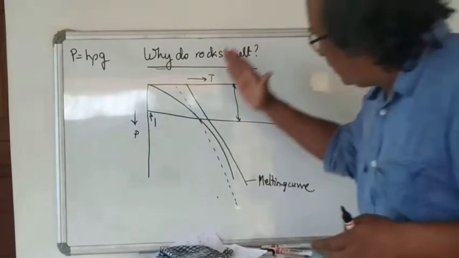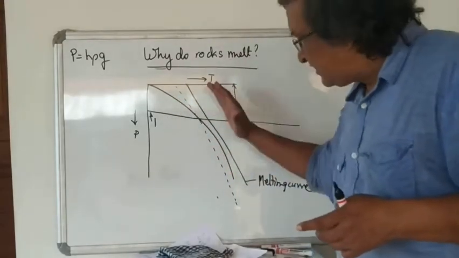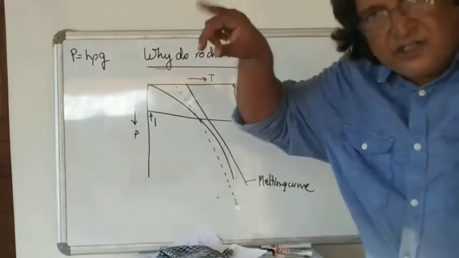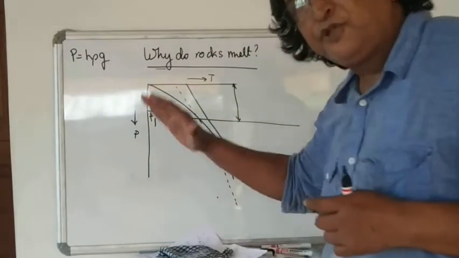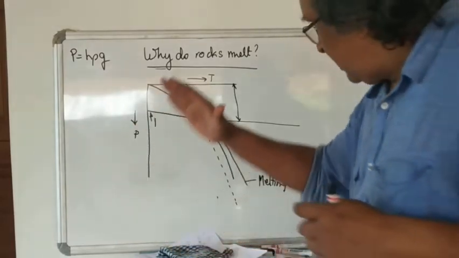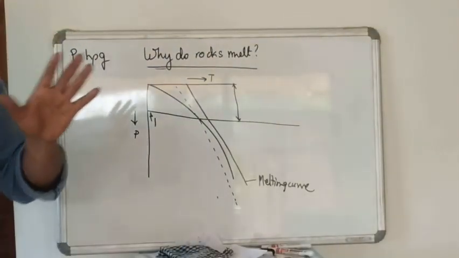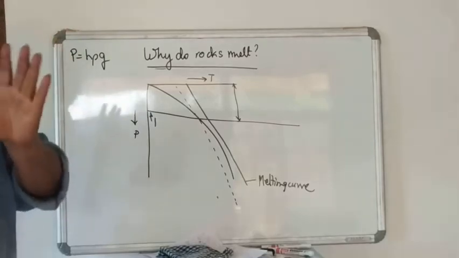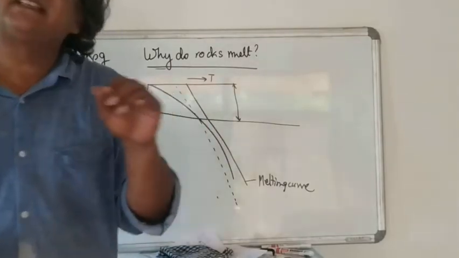One, you reduce the melting temperature of the rock by adding a contaminant or a solute, or by shifting the position of the geotherm so that it intersects the melting curve. Geometrically, you can either shift the melting curve to lower temperature by adding a contaminant, or change the position of the geotherm so that the geotherm intersects the melting curve.